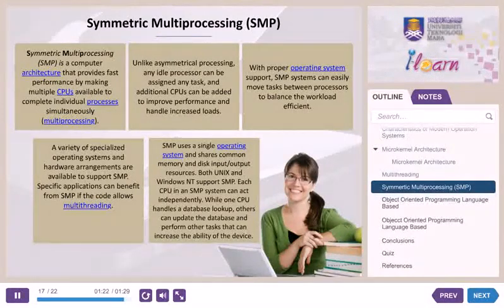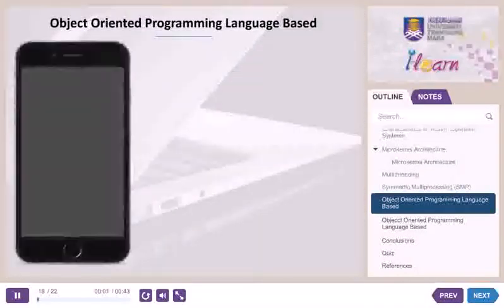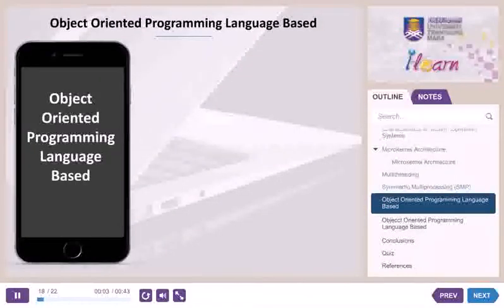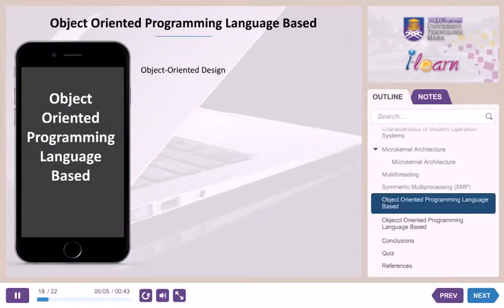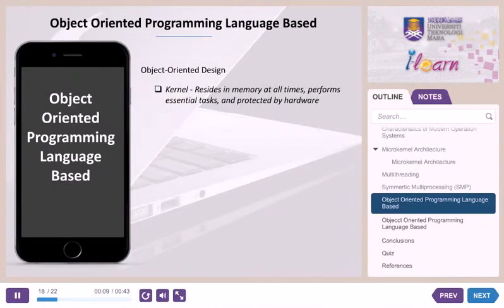ability of the device. The microkernel supports distributed operating systems and object-oriented operating systems. Object-oriented programming language-based. Object-oriented design. The kernel resides in memory at all times, performs essential tasks, and is protected by hardware. Kernel reorganization.